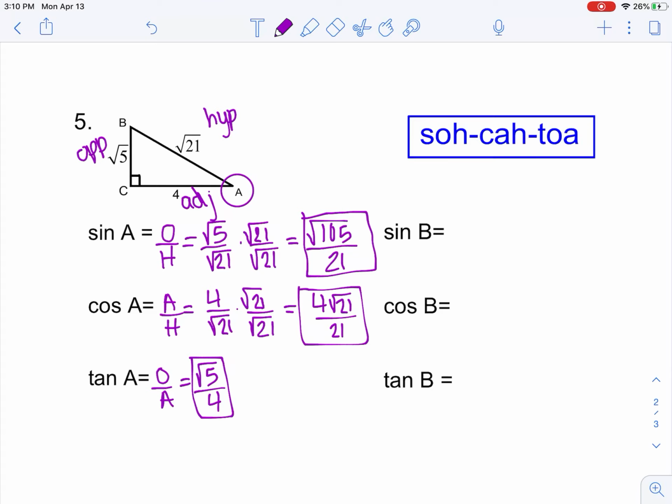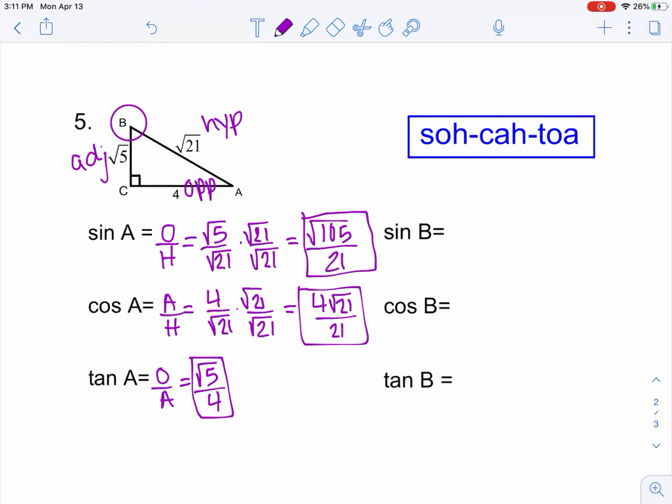Okay, now we're going to find the sine of angle B, the cosine of angle B, and the tangent of angle B. So let's go ahead and relabel our triangle. So this time, 4 is our opposite. The hypotenuse is still the square root of 21. And then the square root of 5 is our adjacent side.